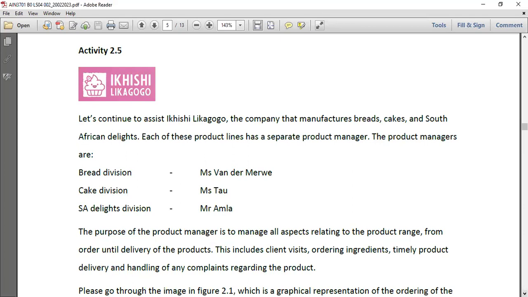The product managers are bread division, Miss Van de Mev, cake division, Miss Tau, SA delights division, Mr. Amla. The purpose of the product manager is to manage all aspects relating to the product range from order until delivery of the product. This includes client visits, ordering ingredients, timely product delivery, and handling of any complaints regarding the product.